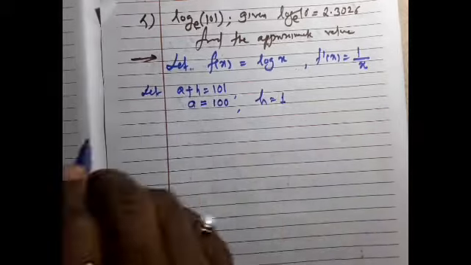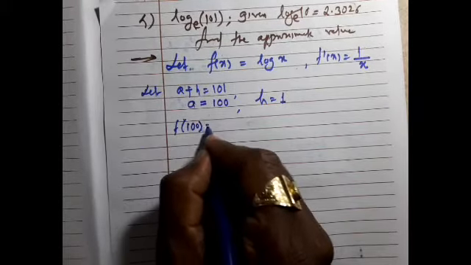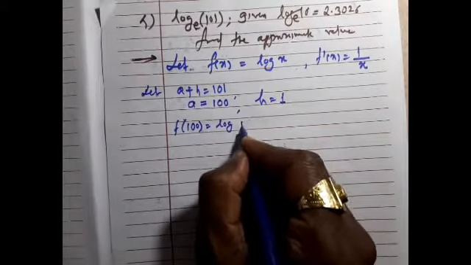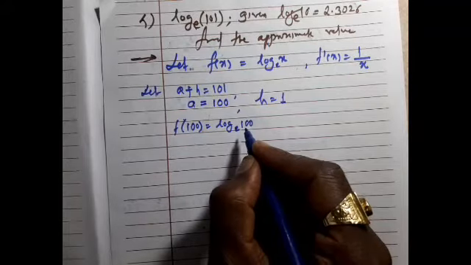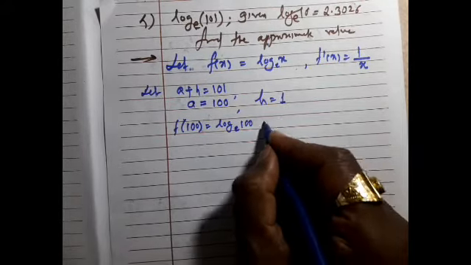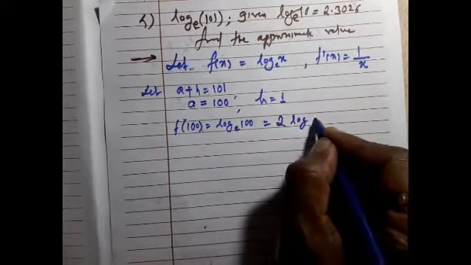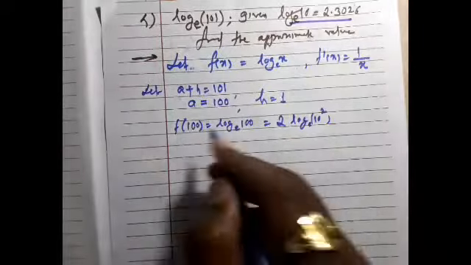and h is equal to 1. Therefore, f of 100 is equal to log 100 to the base e. This can be written as 2 into log 10 to the base e, because log of 10 is given.